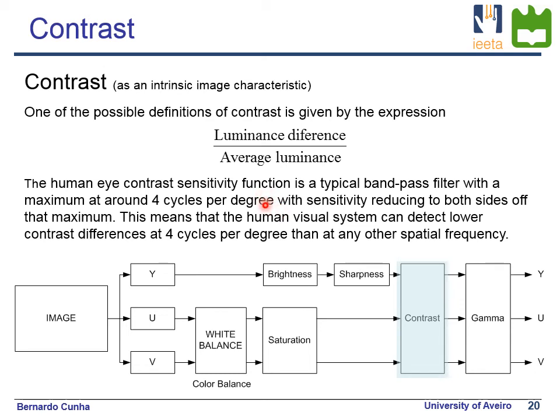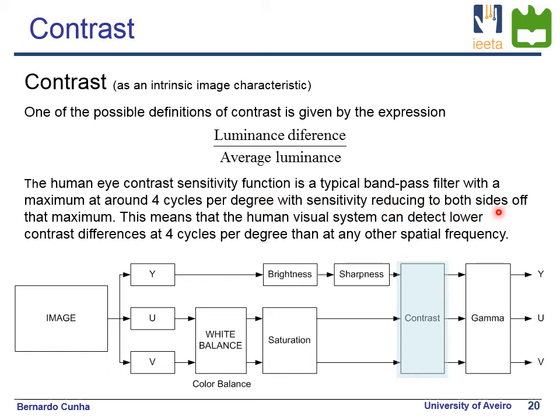Say if we think about our visual system as the center of a circle, and we have a projected image on the periphery of that circle, then if we have variations of 4 cycles within 1 degree, this would be the maximum sensitivity in terms of contrast that our perception system will hold.